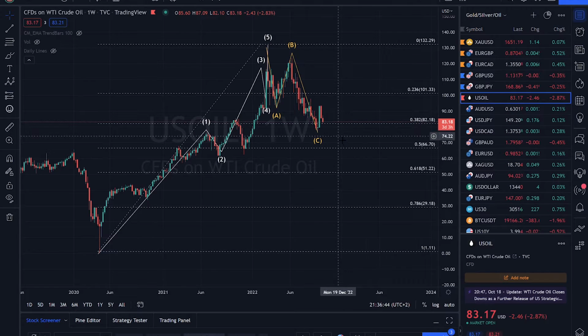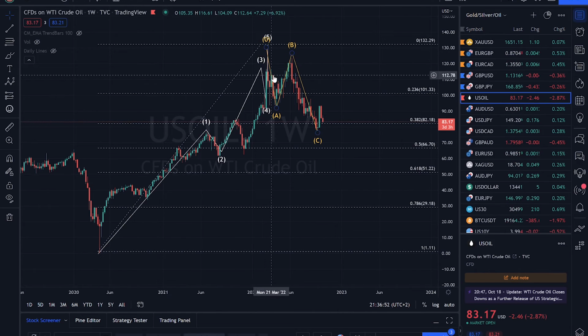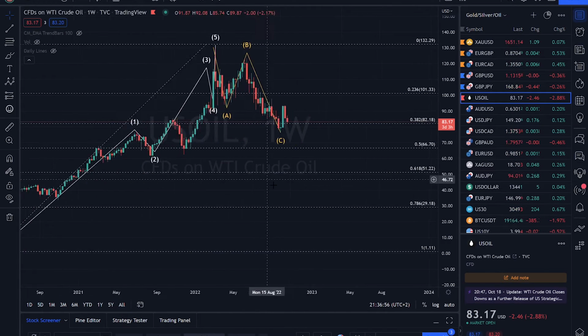Now, usually when it retraces only to the 38.2, it means that the direction of the trend that it's correcting is very strong. How else do we know that?